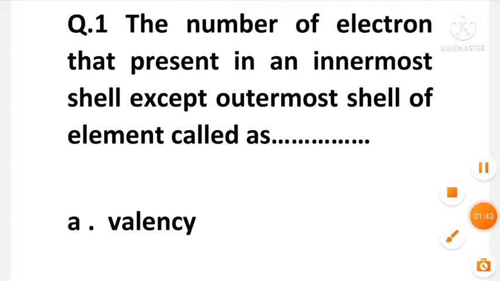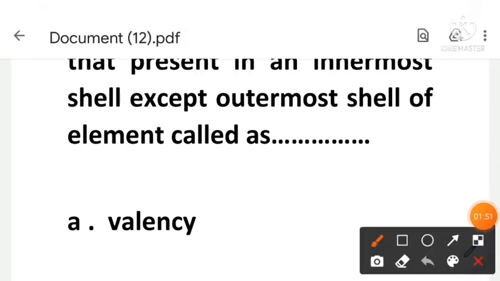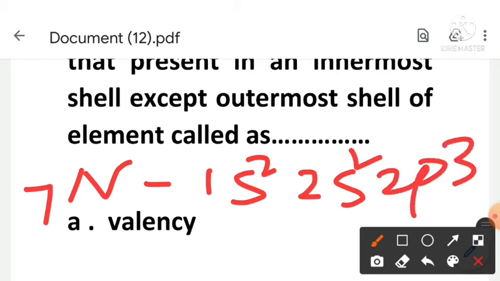Now we take an example like nitrogen. We know that Z of nitrogen is 7, so we write the electronic configuration 1s2, 2s2, 2p3.